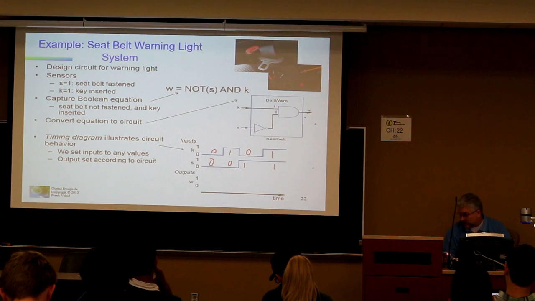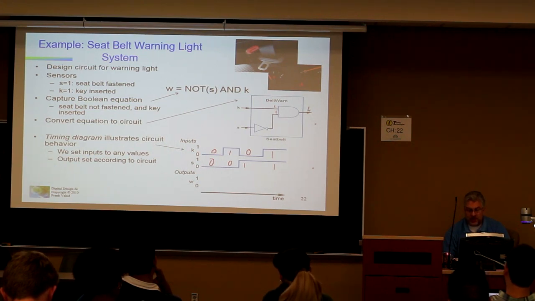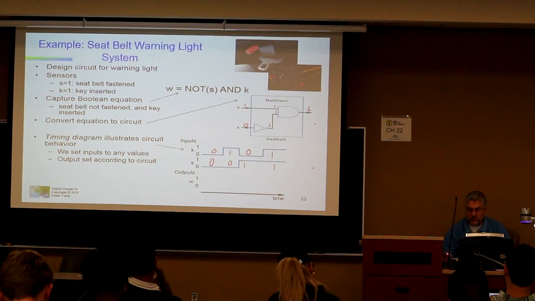That will be the only situation when we will see a 1 out here on W. So if we work back a little bit further, here's a NOT gate. So then when K is 1 and S is 0 is the only situation where we'll see W as a 1.